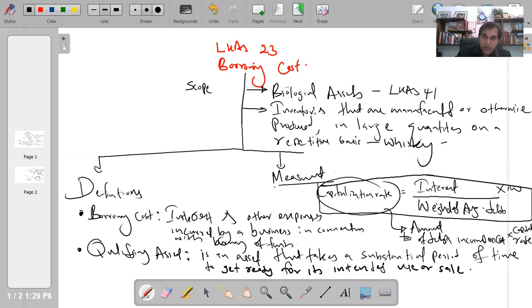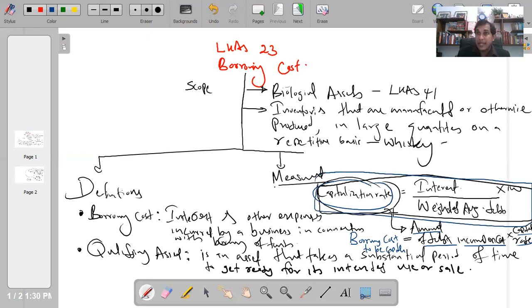So this is the amount to be capitalized. Borrowing cost to be capitalized equals amount of debt incurred on qualifying asset multiplied by capitalization rate. Now you can write these two equations clearly. Okay.